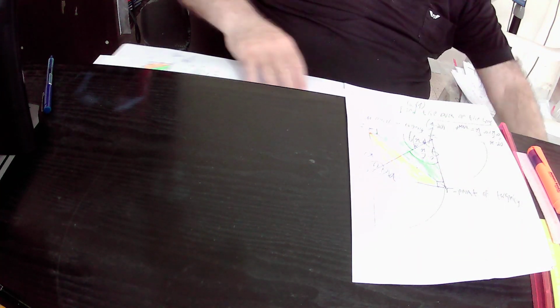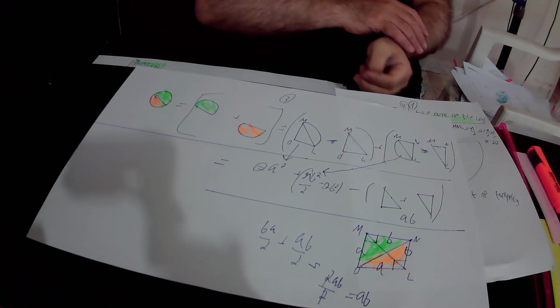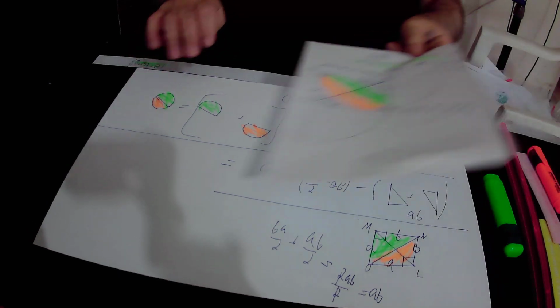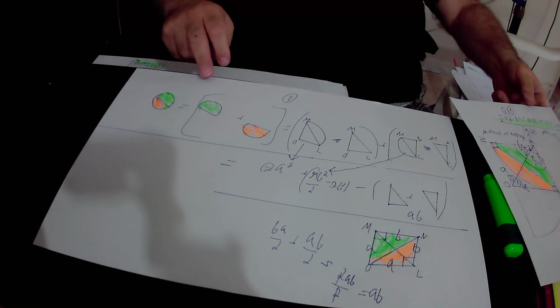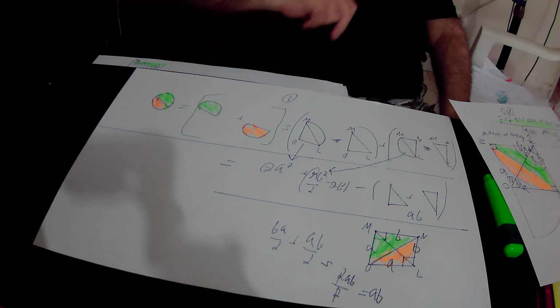So in conclusion, we found out that the area of this lens, that could be any lens, equals the area of the upper circular segment plus the area of the lower circular segment.